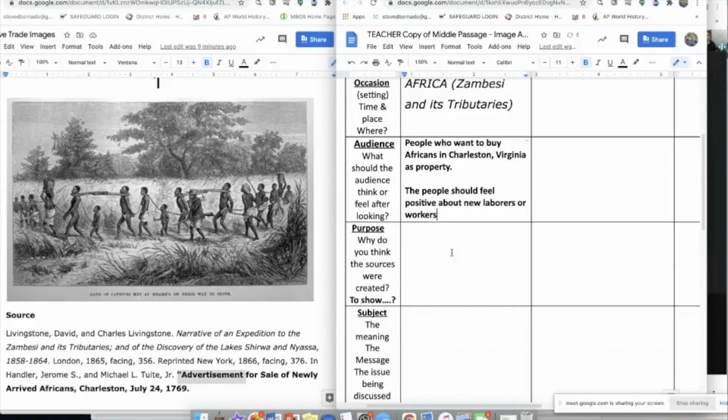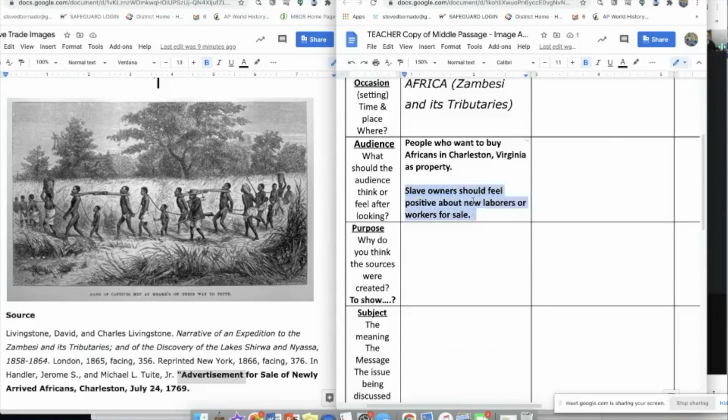Now you see the people should feel positive. Those slave owners in South Carolina, they should feel positive about new laborers and new workers for sale.